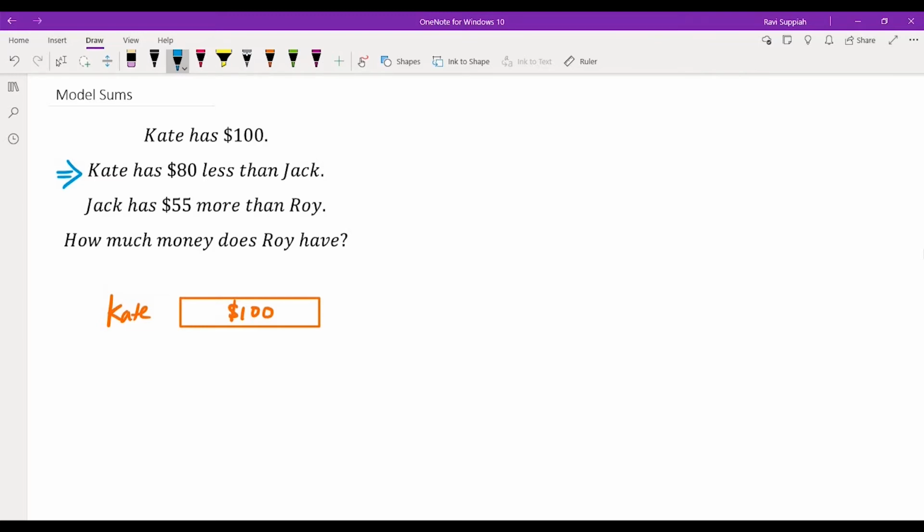So what do I mean by that? If Kate has $80 less than Jack, then Jack has $80 more than Kate, correct? So let's draw a model. So let me write that as a sentence here. This sentence also means that Jack has $80 more than Kate.